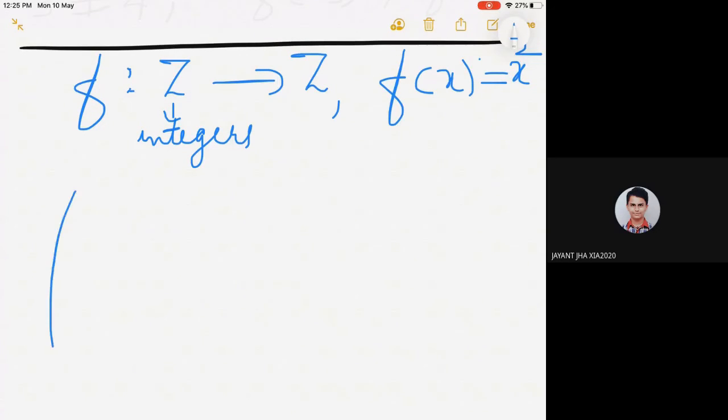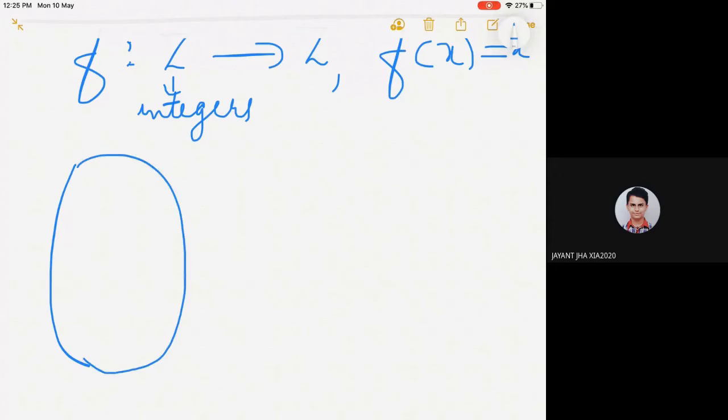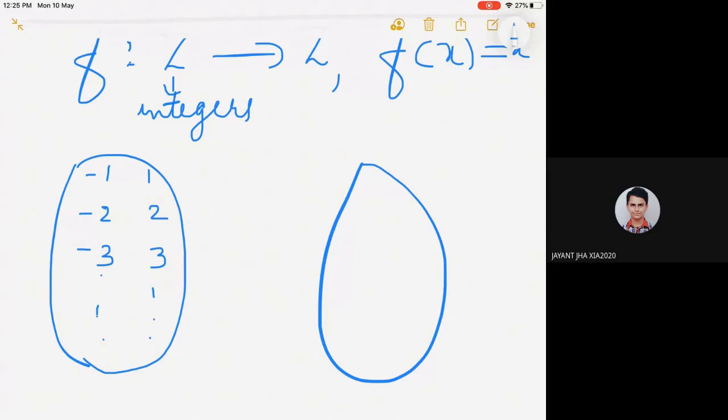So I am taking all the integers here: -1, +1, -2, +2. I am not taking all of them, but we can just see here. Here also we'll get all the integers. I'm just going to write only the images, okay?